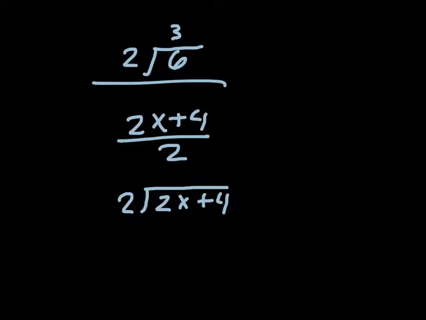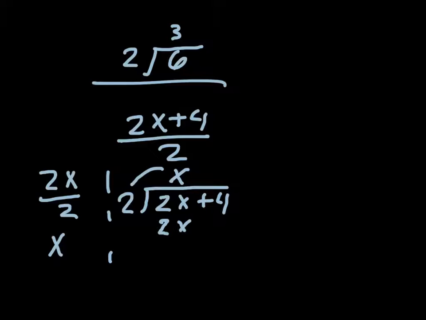So you'd start with the first term, and you'd ask how many times does 2 go into 2x. If you want, you can write it as 2x over 2, if that's easier, just to figure out that first term, and the answer would just be x. So you put the x up there, and then you multiply it by the 2 on the left, and you have 2x, and then you subtract, so now you have 0, and then you bring down the 4, and you figure out how many times 2 goes into 4, which is 2.